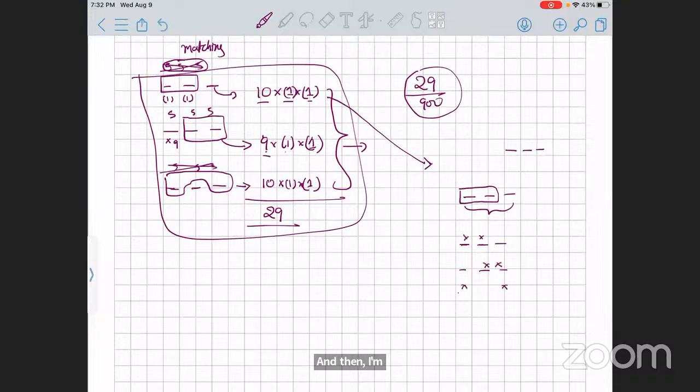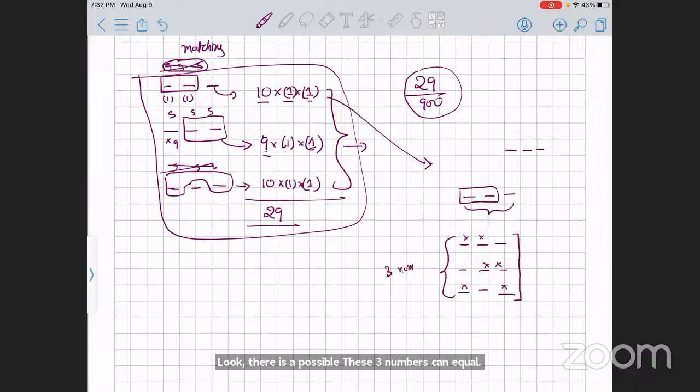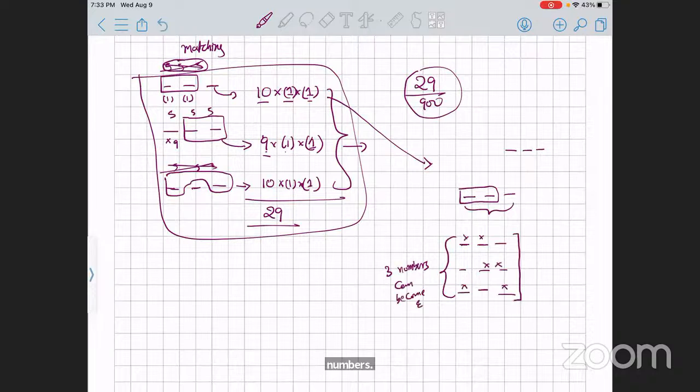And first and last digits are fixed and you selected the middle one. Now what I'm telling is that there is a possibility that these 3 numbers can become equal. Suppose x is 5, 5, 5. If you selected 5, 5, 5 here, these 3 are equal. Agree? Yes, sir. Then we have to divide it by 3 factorial.